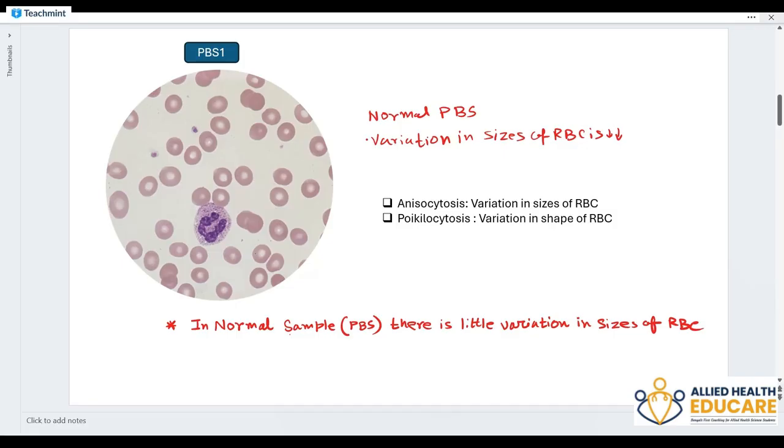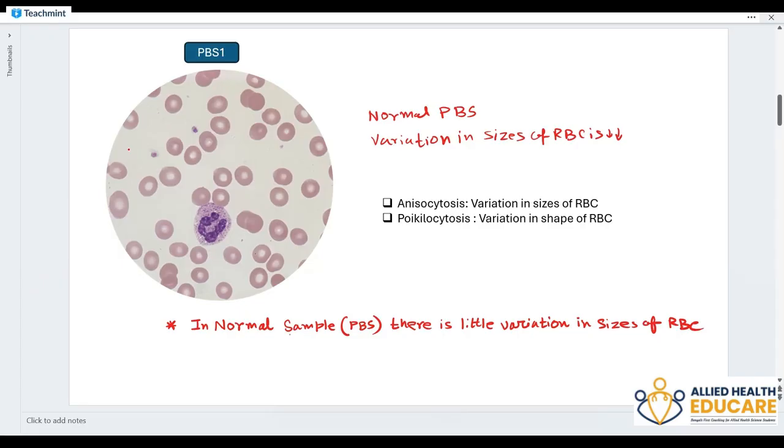Here you can see that most of the RBCs have the same size, with a little variation. So in a normal peripheral blood smear, there is a little variation in sizes of RBC. This degree of variation in sizes of RBC is called anisocytosis, and this anisocytosis is expressed by the RDW-CV percentage.